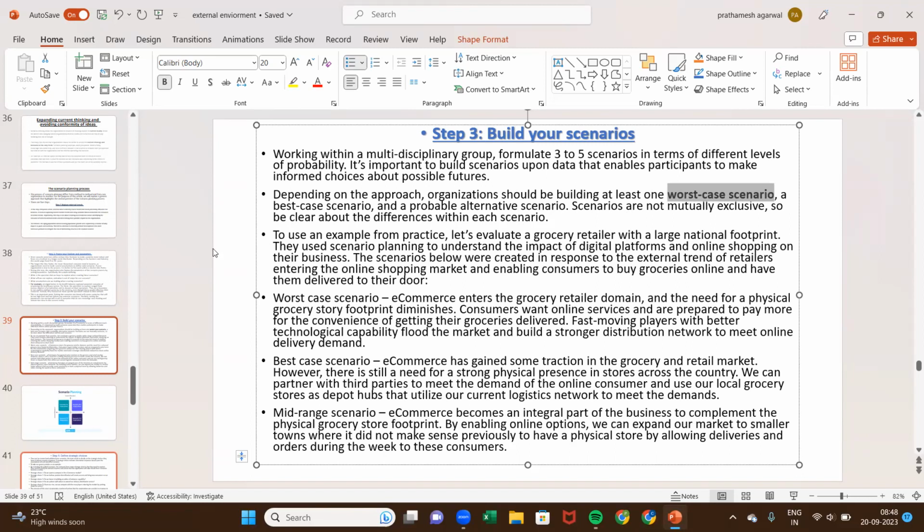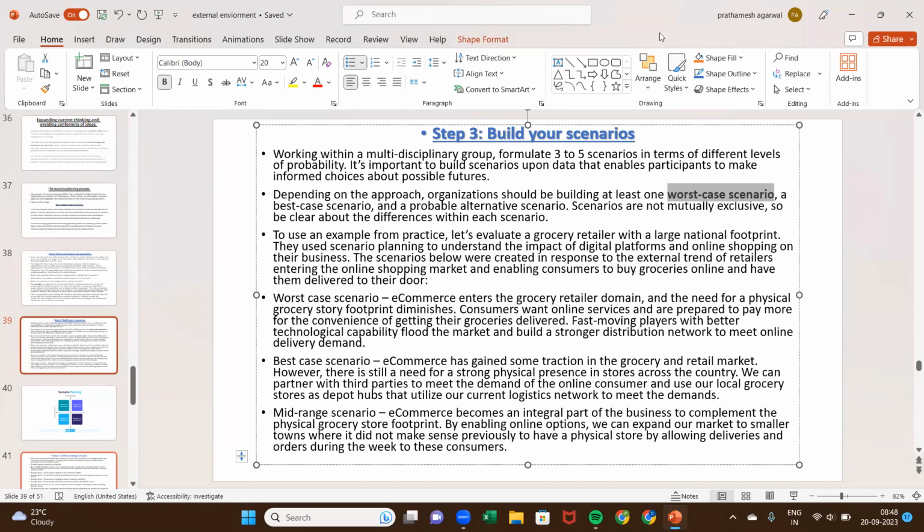Secondly, to use an example from practice, let's evaluate a grocery retailer with a large national footprint. Okay, grocery retailer. They use scenario planning to understand the impact of digital platforms like apps and online shopping on their business.